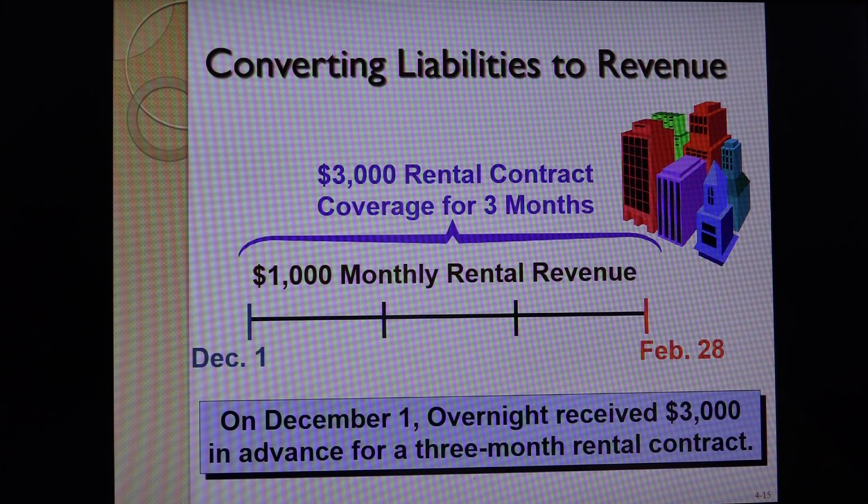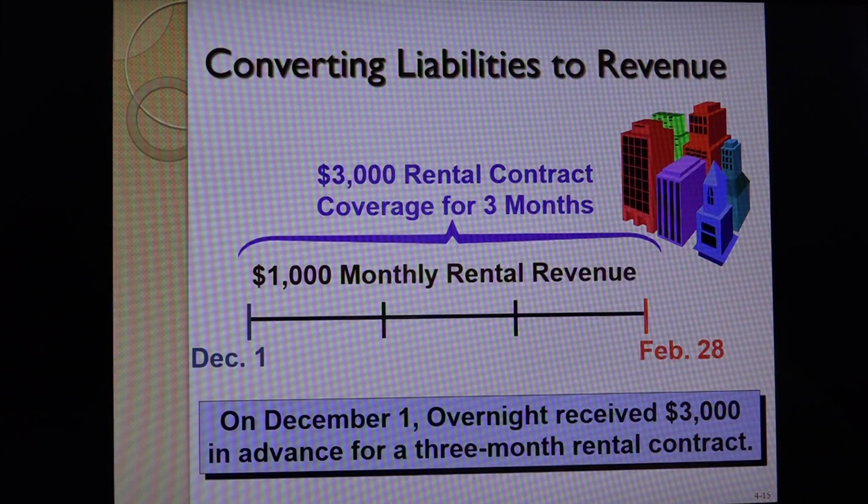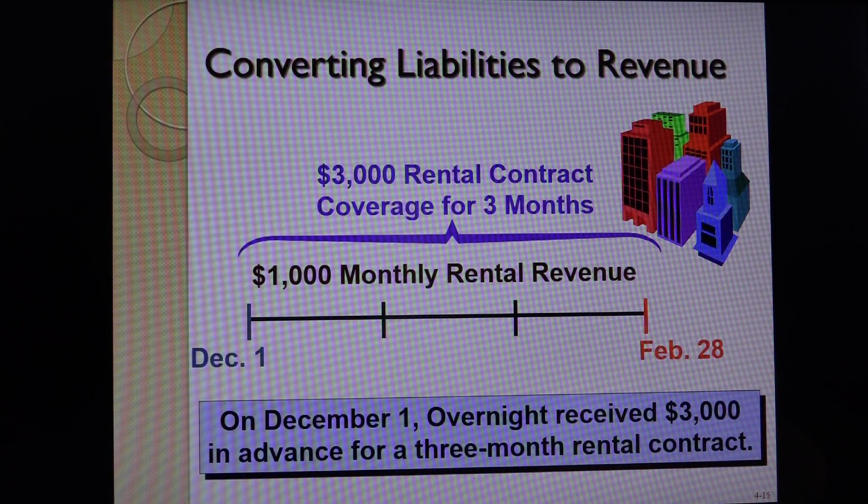Here we have a $3,000 rental contract coverage for 3 months that starts December 1. So it says on December 1, Overnight received $3,000 in advance of a 3-month rental contract.